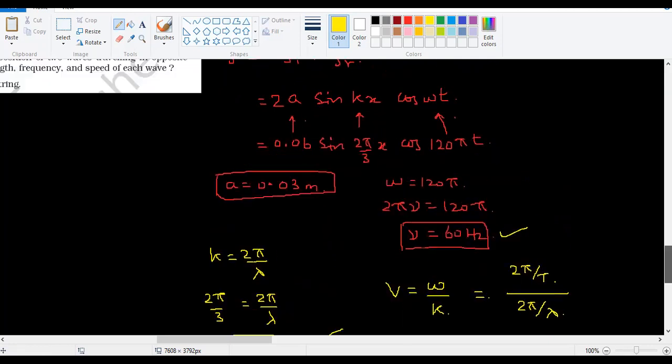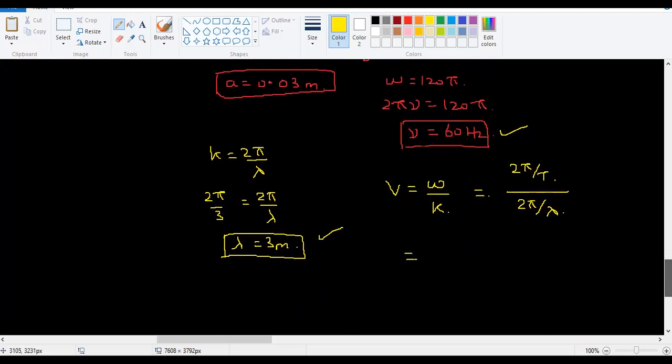So omega is 120 pi, and k is 2 pi by 3. So pi cancels, the 2 and this cancel, so 60 into 3, and the 3 goes to the top.